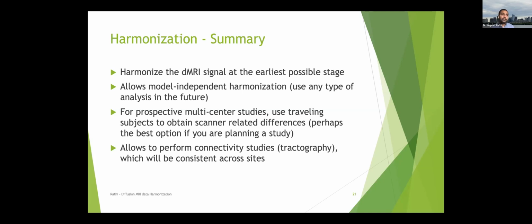Then trying to harmonize afterwards may not be a valid harmonization approach, because you might have already missed a part of the connections, or your tractography itself is biased, and that bias cannot be captured by post statistical pooling methods. So in this case, harmonizing at the signal level will be much better, because then at least the signal is consistent. There are some open challenges here, which I'm also going to talk about.